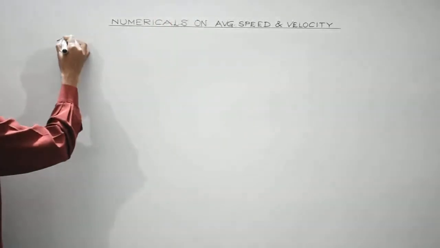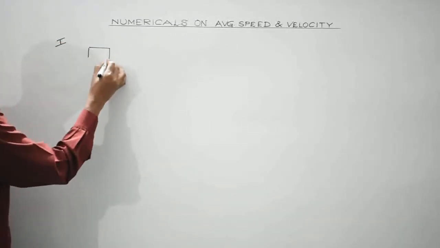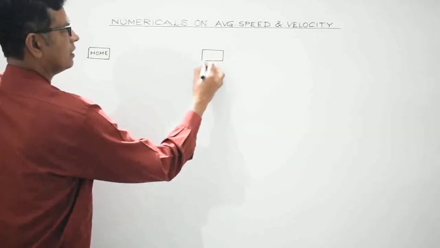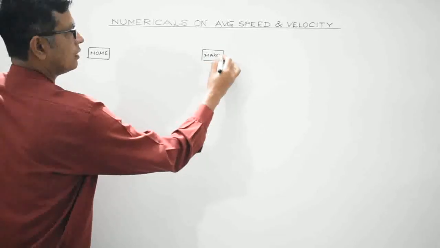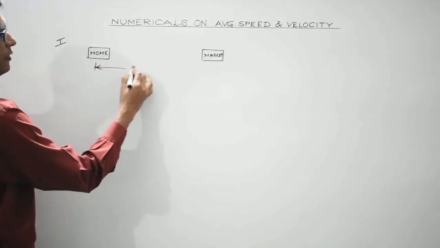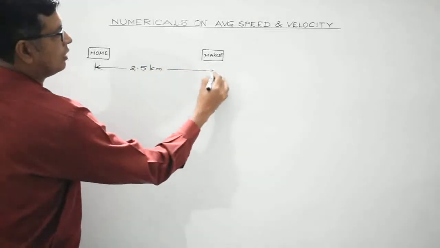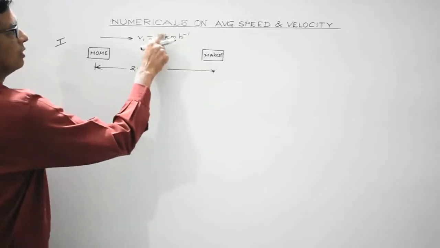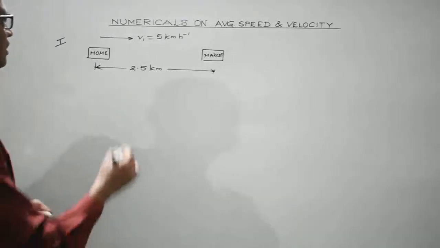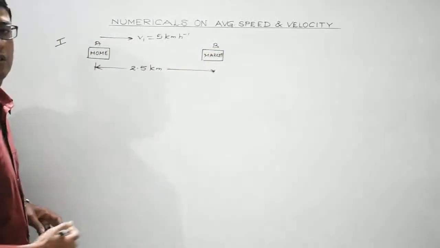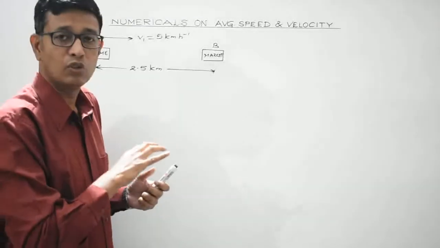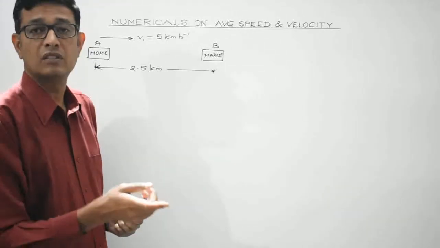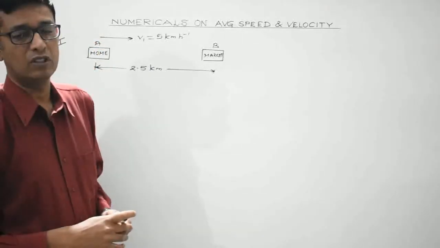Suppose a person starts from his home and reaches a market which is at a distance of 2.5 kilometer from his home with a speed of say 5 kilometer per hour.